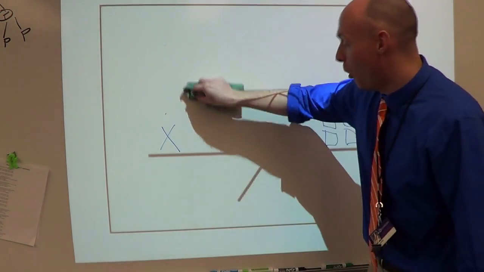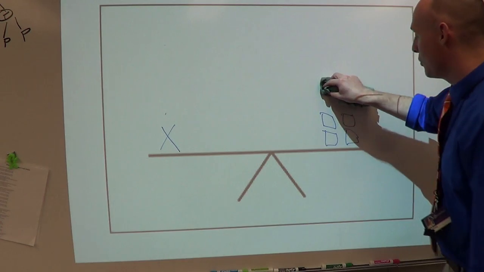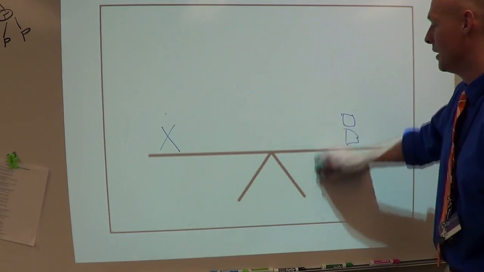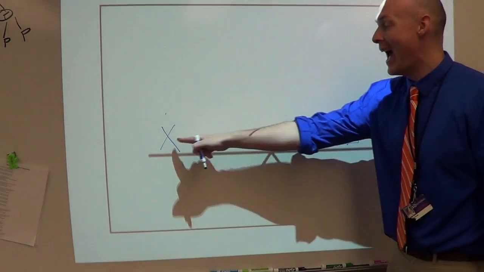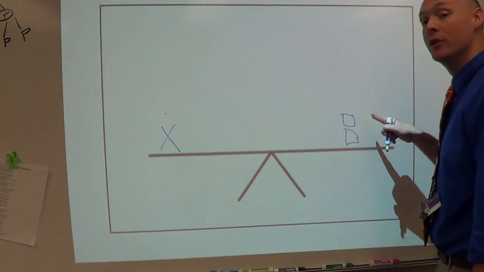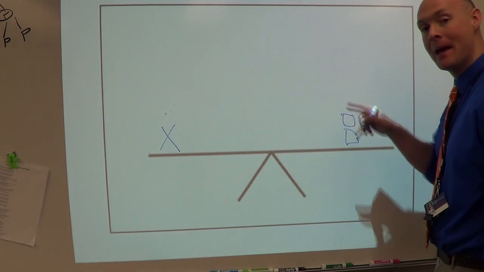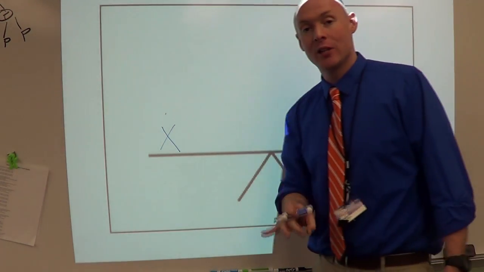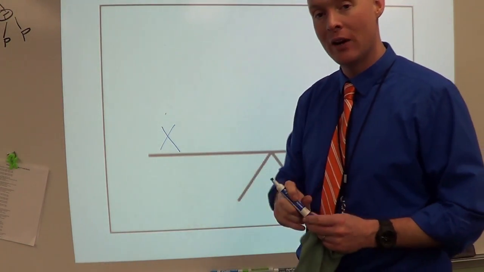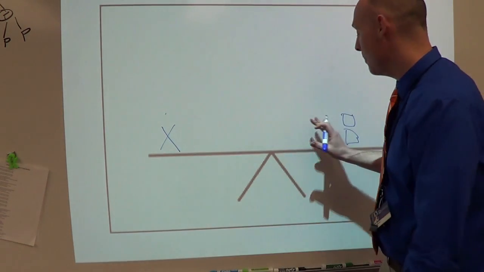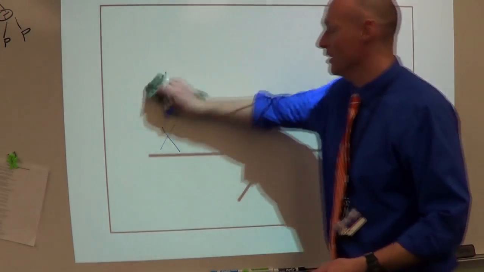If I remove 2 more blocks, I have to remove 2 more blocks. Therefore, x must equal 2 blocks. Now, in math class, we're going to be dealing with numbers and variables instead of boxes.